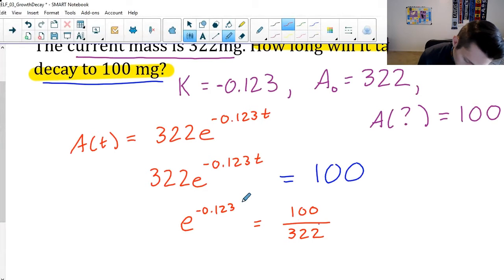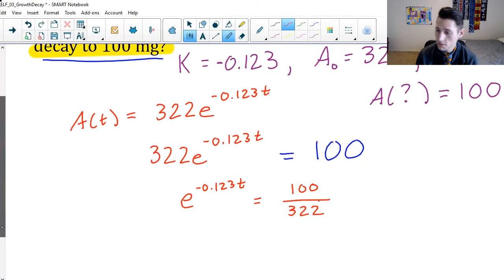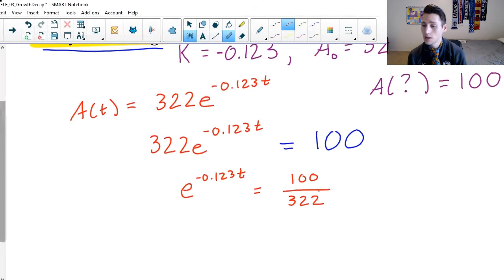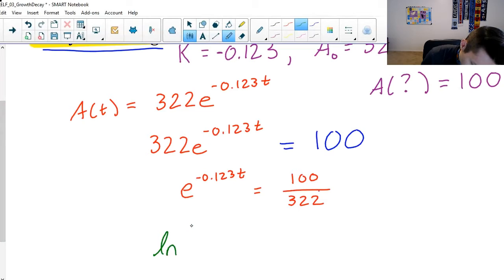Oops, forgot my T. We want to get rid of the exponential base e, right? So remember, to get rid of exponentials, we need to use logarithms. And specifically, a logarithm base e is natural log. So we'll do natural log of both sides.